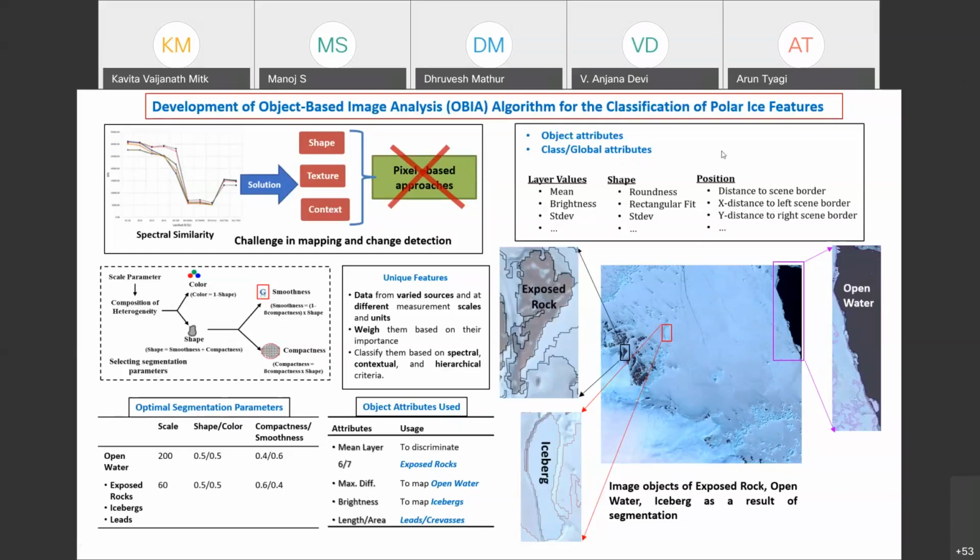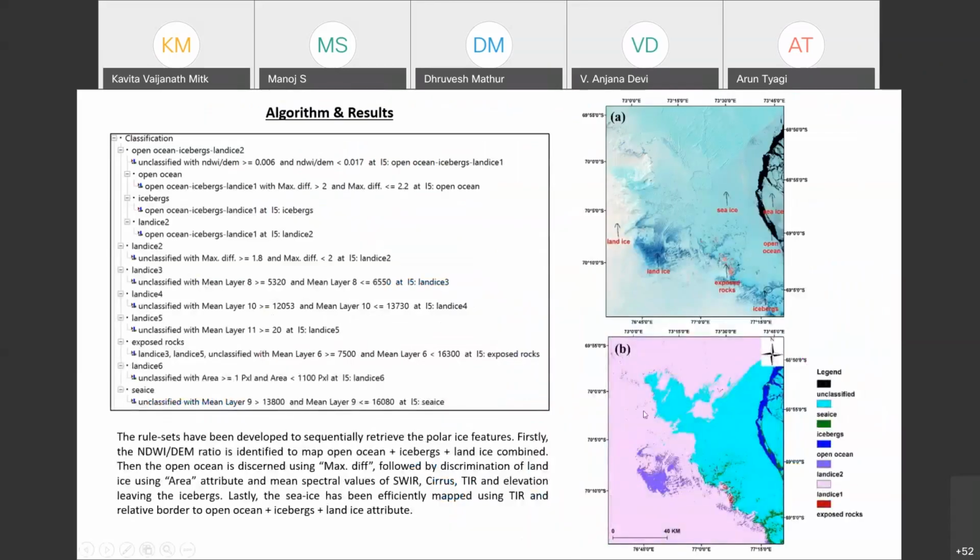We can also use other features such as the shape and the position, and also the textural features as well. Then this algorithm we developed to classify the sea ice features, and this is the final map that we have derived.